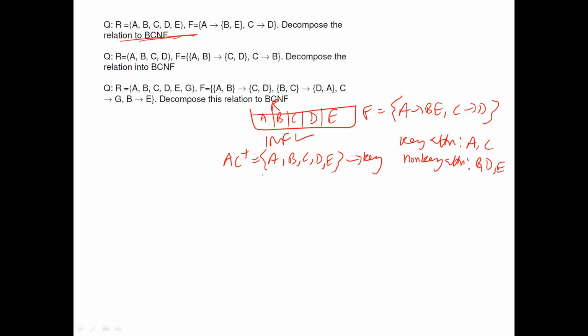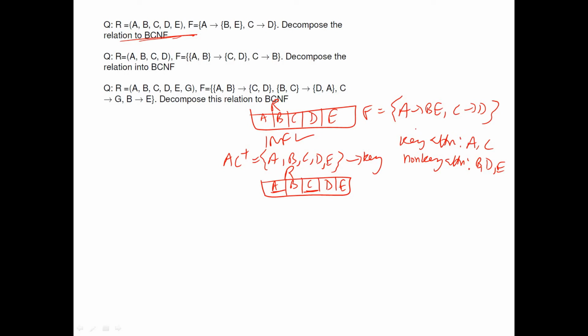Is it present in 2NF? How to check? Whether the non-key attributes are depending upon the key partially? Yes, it is occurring there. So I'll convert the table into 2NF. Here my key is AC. Is anything depending only on A?